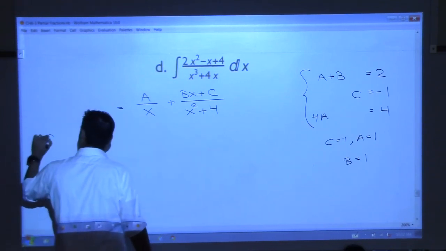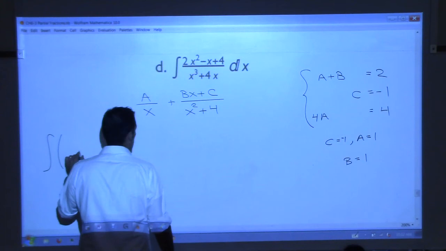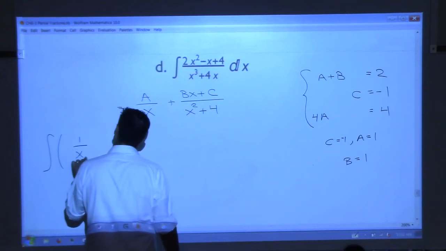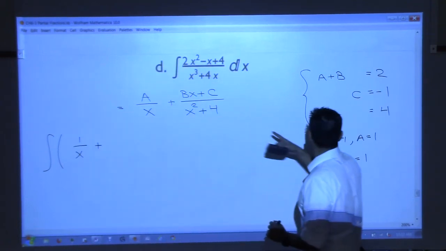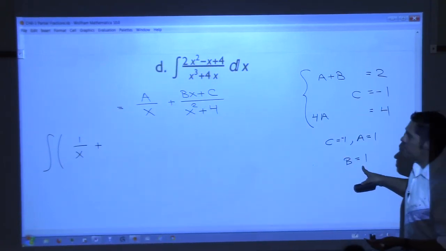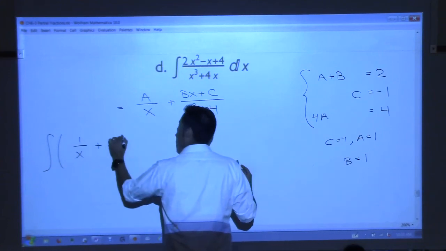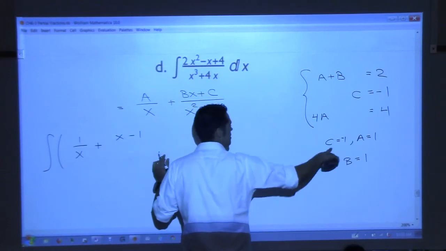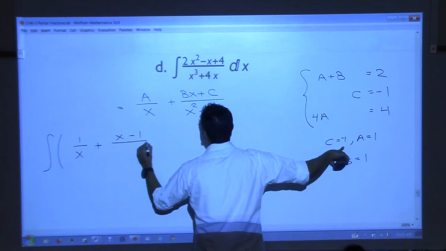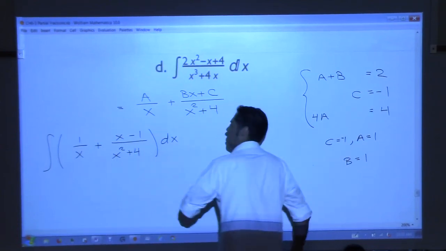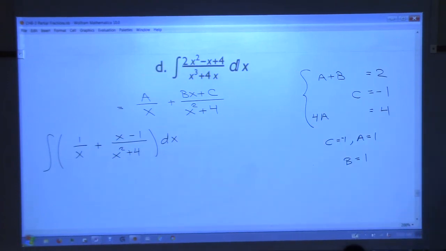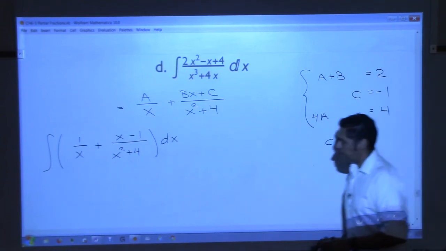All right, new integral is 1 over x, because a was 1, plus b was 1, so it's just x, or x plus, sorry, x minus 1, because c is -1, over x squared plus 4 dx. And the first one is natural log x.